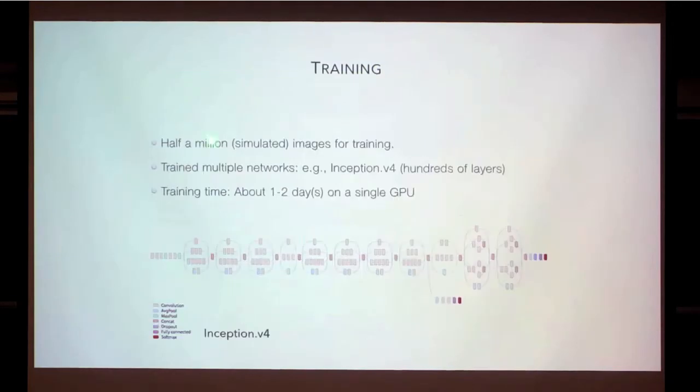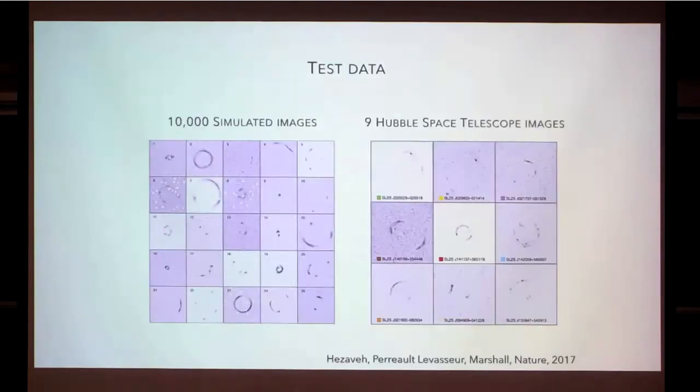We produced 500,000 simulated images, and we trained multiple neural networks, including Inception, which was this very deep network designed by Google. Training typically took about 1-2 days. Once we trained them, we tested their performance on 2 data sets: about 10,000 simulated images from the same pipeline that had generated the training set, and 9 real images of lenses from the Hubble Space Telescope.